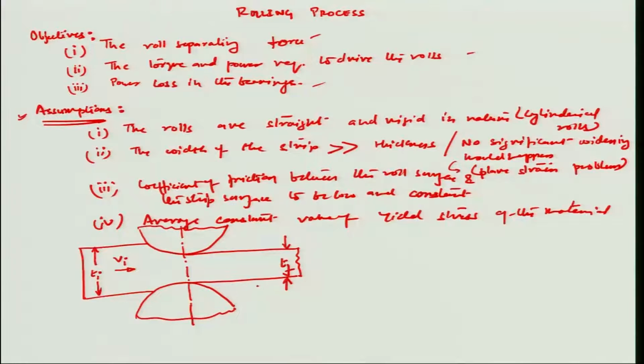We have a final velocity Vf. Both rolls are moving at a velocity v, and the two centers around which the rolls move are represented by O1 and O2.